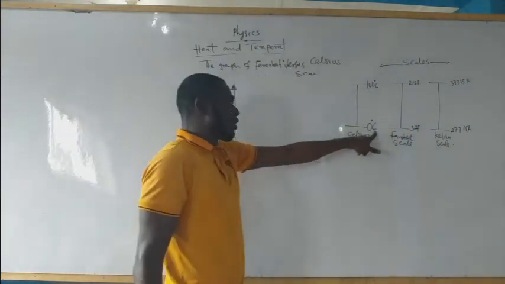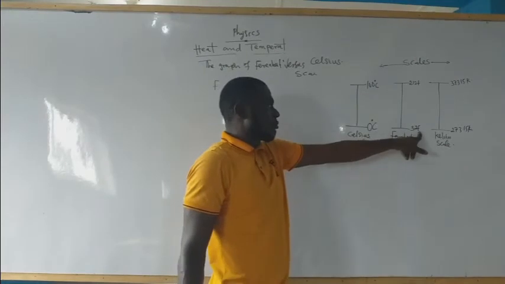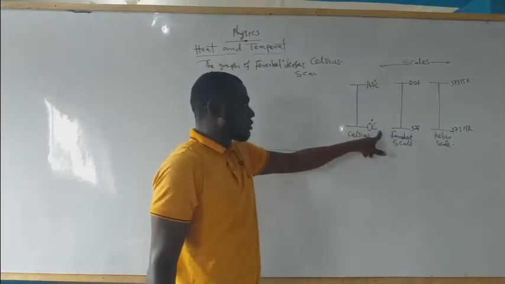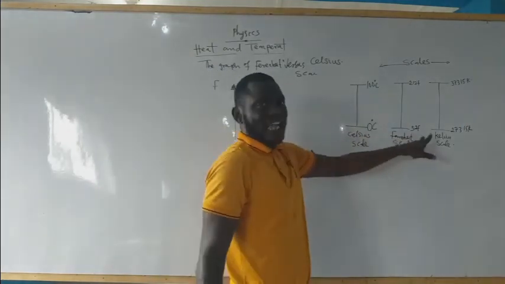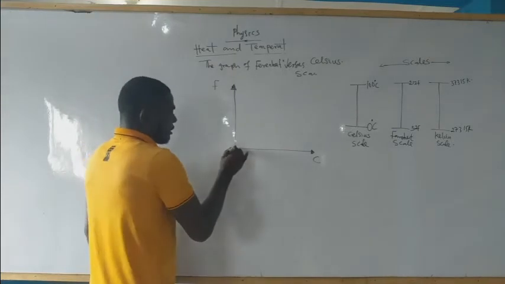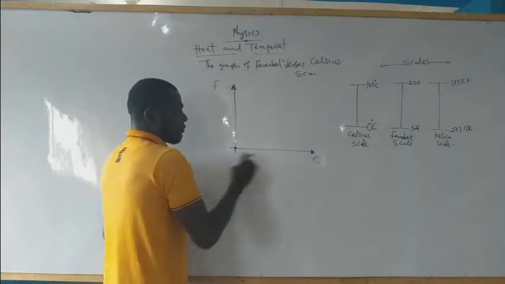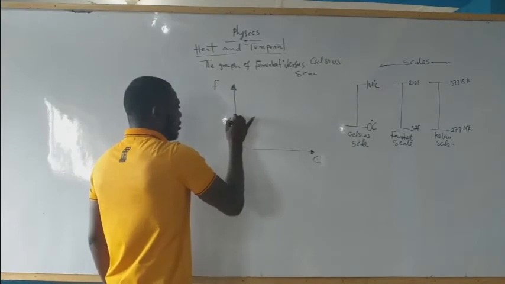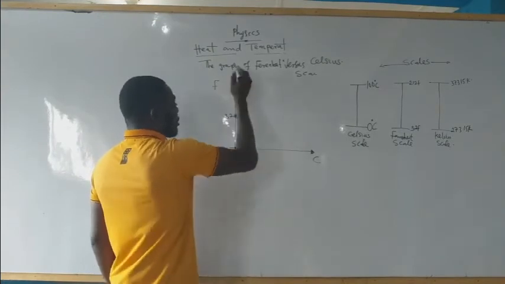At 0 degrees Celsius, what will be the reading on the Fahrenheit scale? That will be 32. This is 0 degrees Celsius to 32.